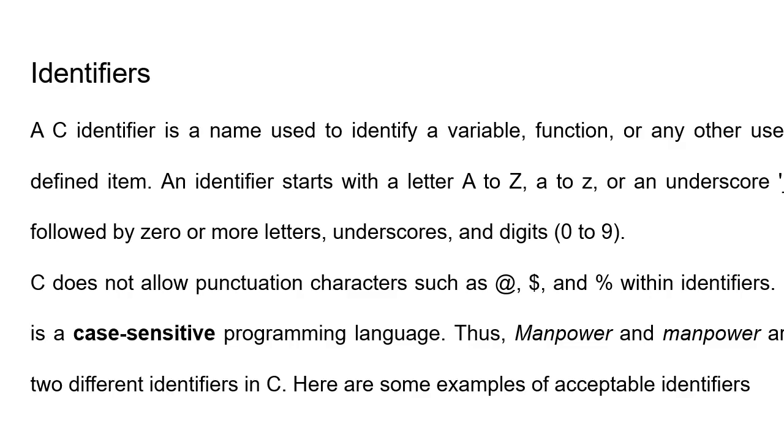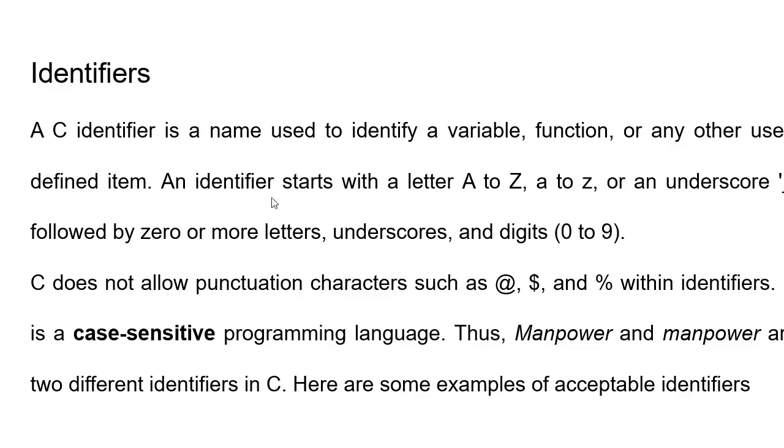What are identifiers? An identifier is a name used to identify a variable, function, or any other user-defined item. An identifier starts with a letter A to Z, capital letters, or small letters a to z, or an underscore, followed by zero or more letters, underscores and digits 0 to 9.